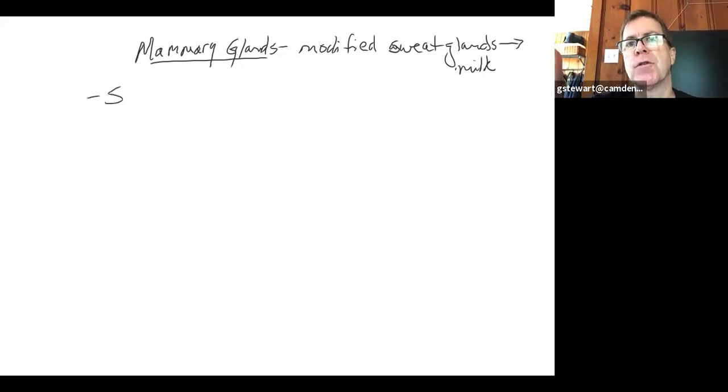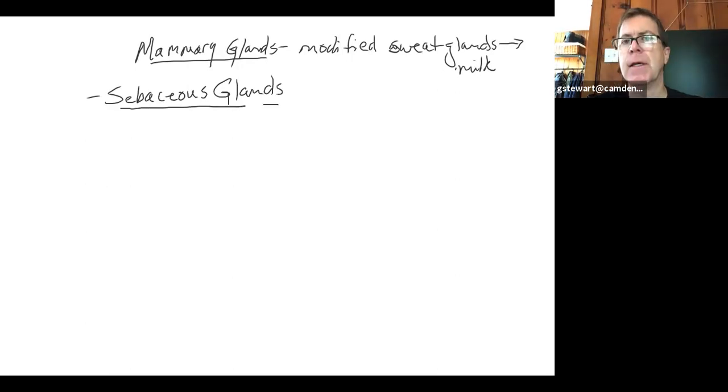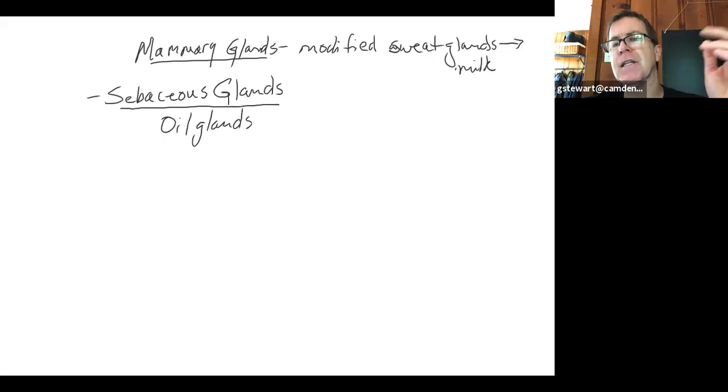sebaceous glands, which are associated with hair follicles, are technically not a sweat gland, but they're part of the integumentary system. These are oil glands that empty into a hair follicle, and then the secretions go up to the skin from there.